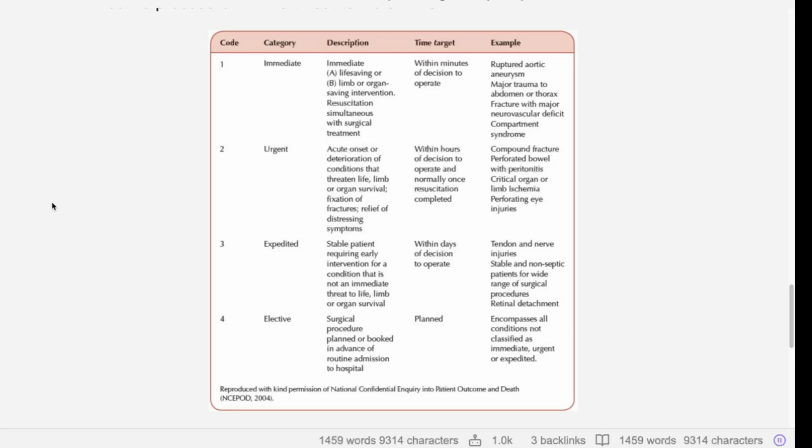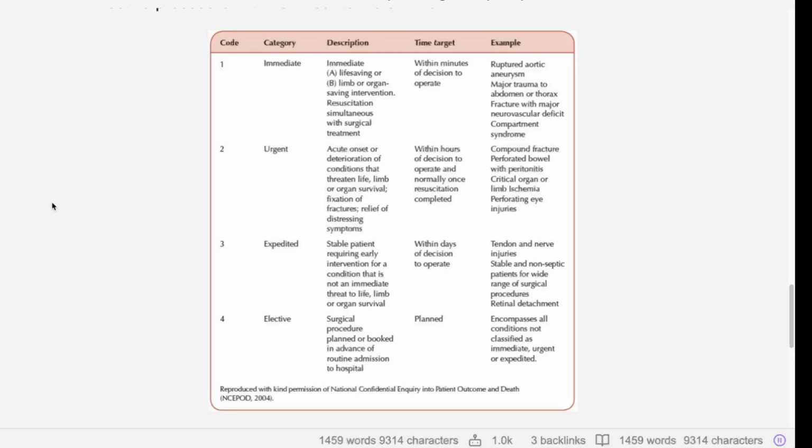All right. Urgent cases are not life or limb saving, but they are life-threatening conditions and might threaten life within a few hours. The patient needs to be taken to theater within an hour, or up to a few hours from the decision making. Third, you have expedited cases.